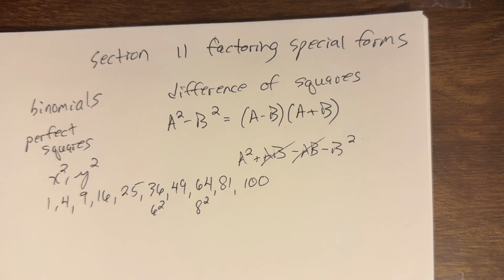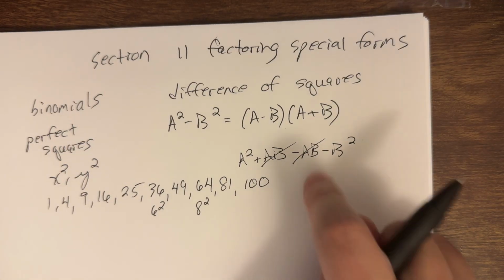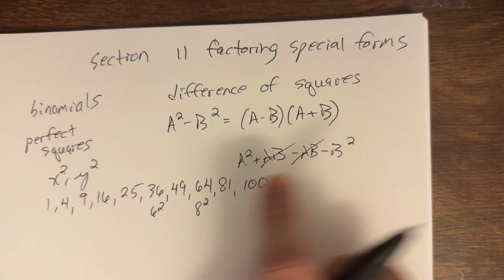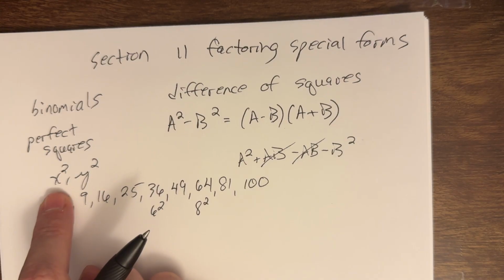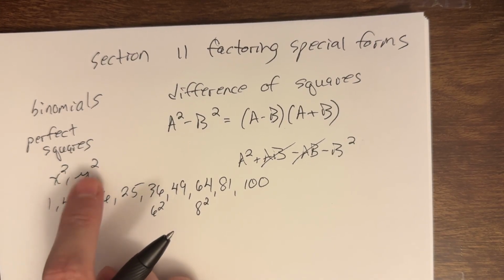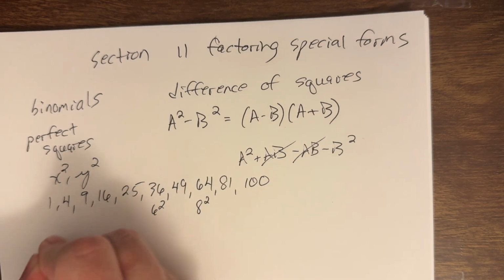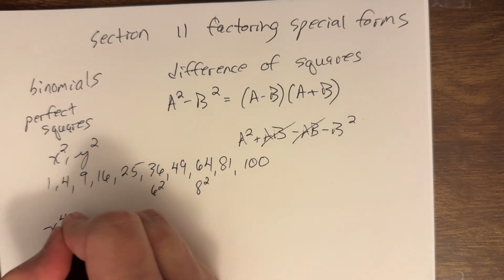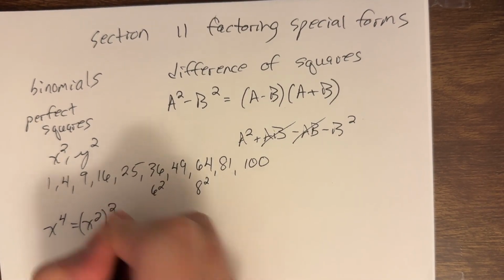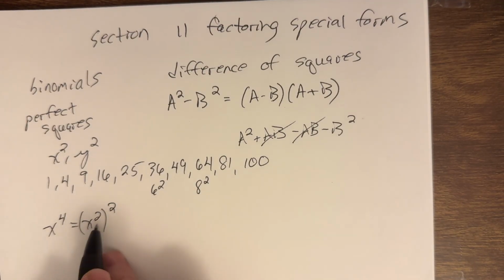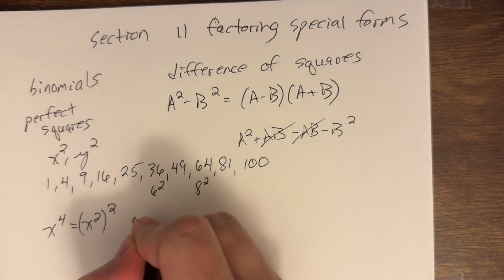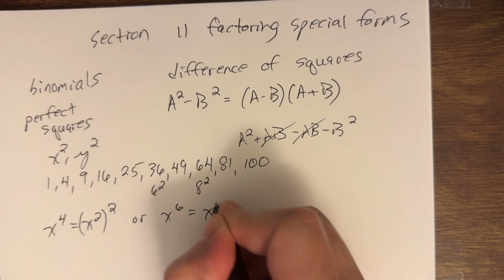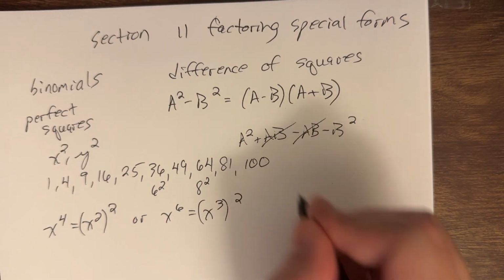The last thing to point out here, before we really get to work using this formula, when we talk about variables, it doesn't just have to be a simple x squared or y squared. If I had something like x to the 4th, I can notice through my rules of exponents that's really x squared squared. Or x to the 6th is x cubed squared.